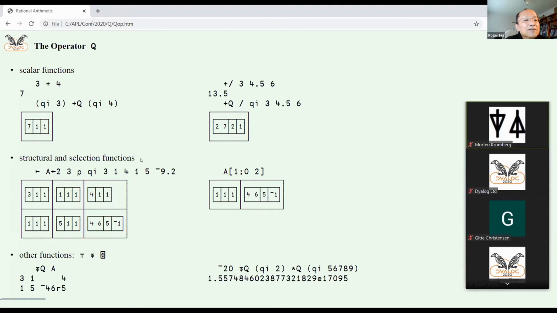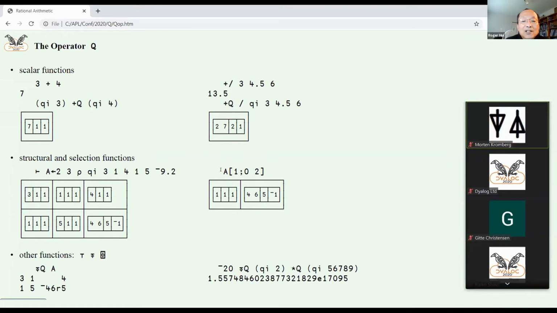And if the function you want to apply is a structural or selection function, you don't need to apply Q. It just works because each rational number is a scalar, so you don't need to do anything special to reshape an array of rational numbers. You just say reshape.